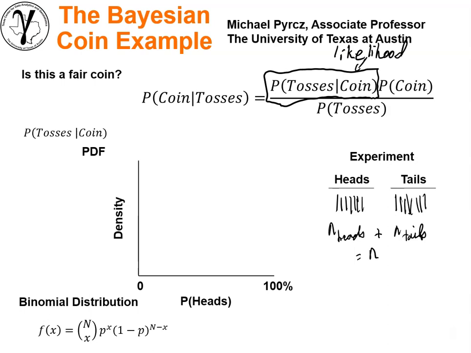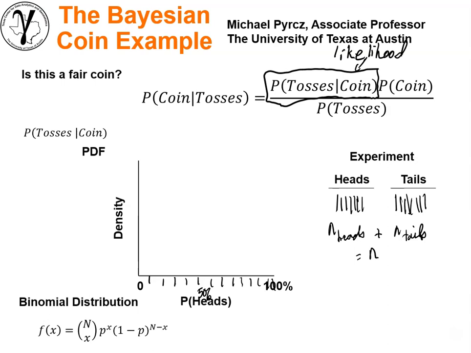Now, remember, we discretized the probability of heads, where that would be 50% right there, and maybe 55 or 60 or 70 or 80, all the way up to 100% right here. We need to calculate for each one of those probabilities of heads in the coin the probability of the experiment, the tosses, given that coin.